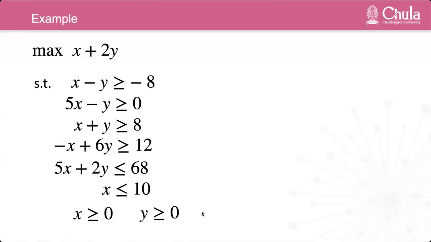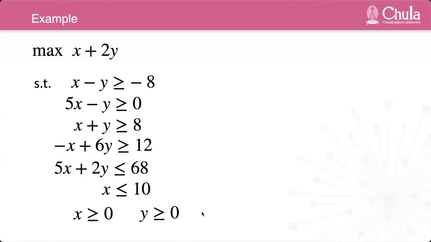The second one, 5x minus y plus E1 minus S2. S2, right? Should be S2. S1 is used in the first one. What else do we have?